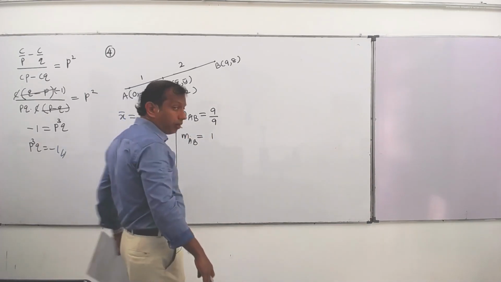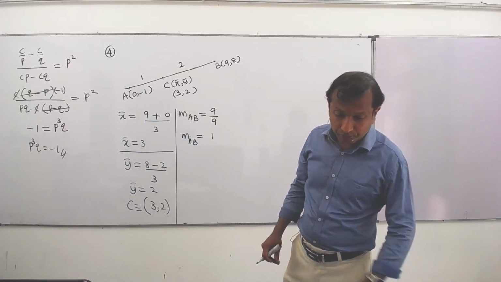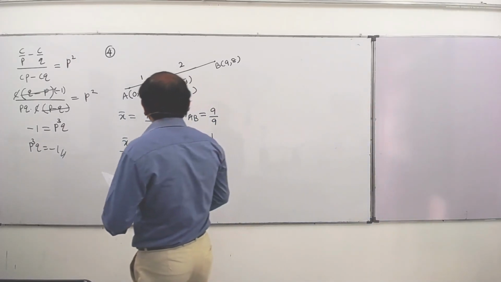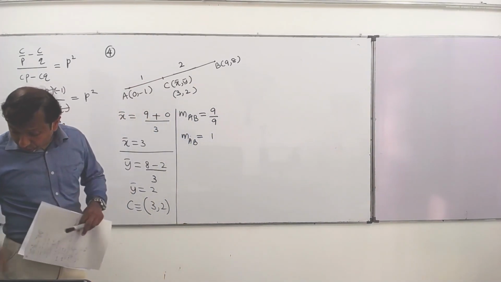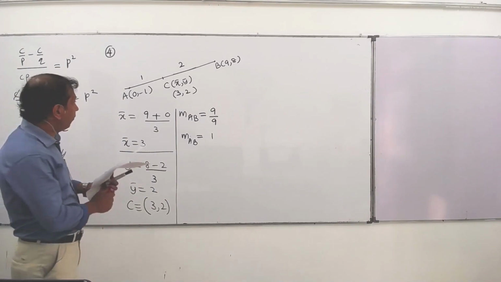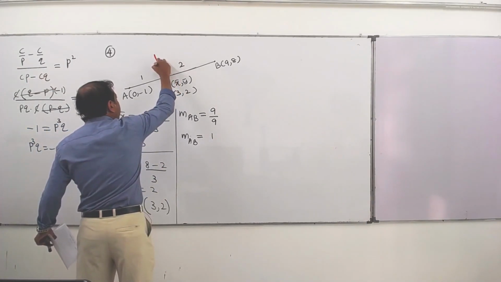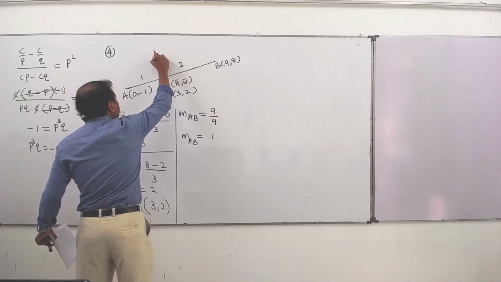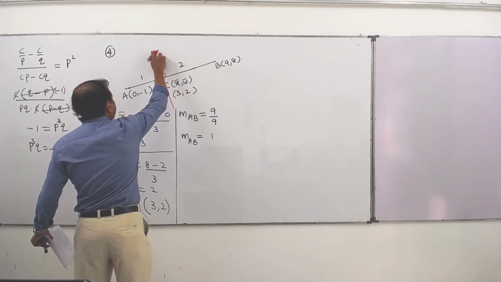Okay, no? Gradient of AB is 1. Now we need the line that is passing through the point C perpendicular to this AB, no? This is that line, suppose. This line L.